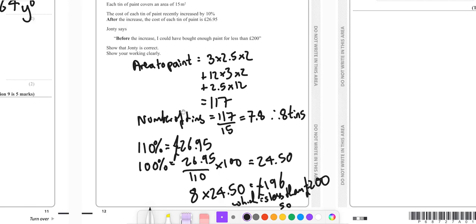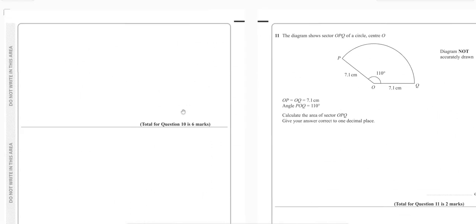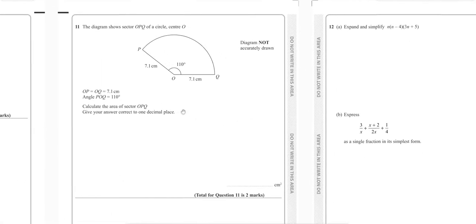So Jonty is correct. Don't miss out that final step of just stating that he is correct. Oh, there's a bit more space up there. Managed to fit it all in.